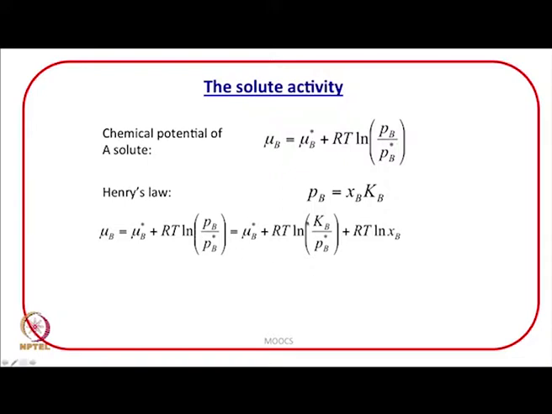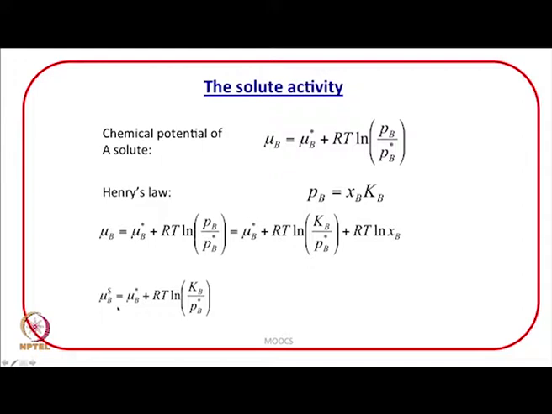Because KB is a constant and PB star is a constant, I can combine these terms. When I combine mu B star plus RT log KB by PB star, let me write this as mu B dollar.